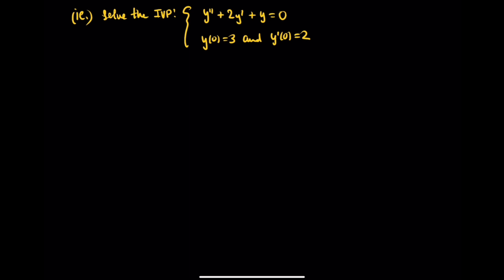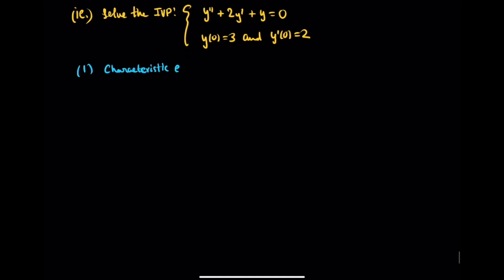So, like always, please go ahead and pause the video and see if you can solve this on your own. Okay, I'm assuming you've solved it. I'm assuming you've succeeded. And now we're going to do the problem. First thing we got to do is write the characteristic equation.